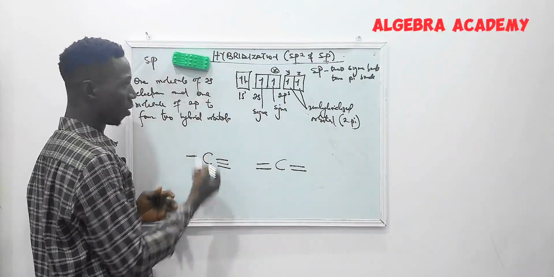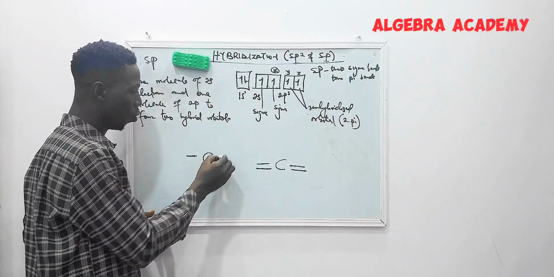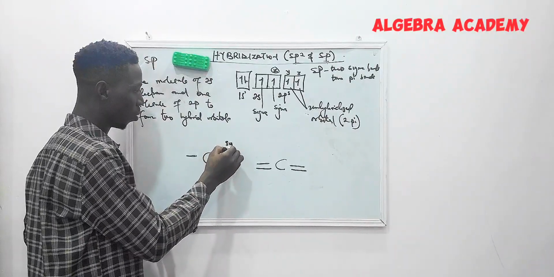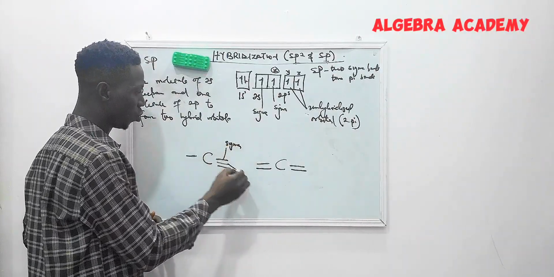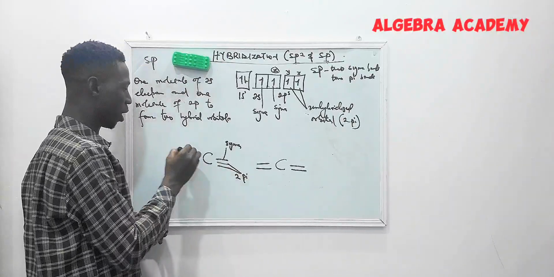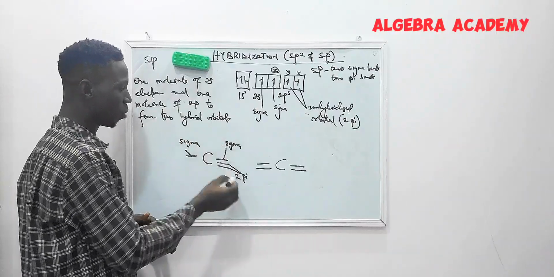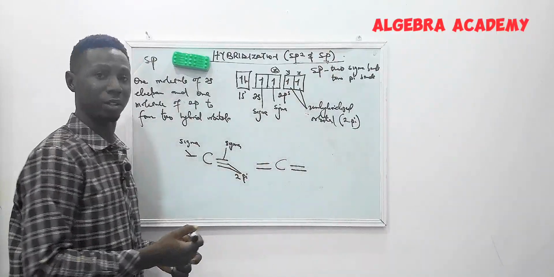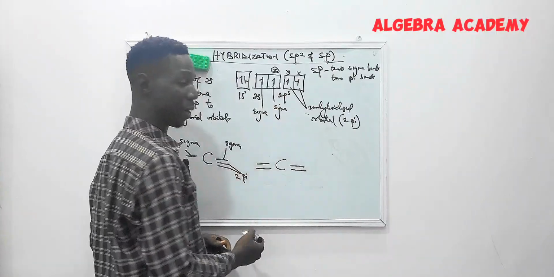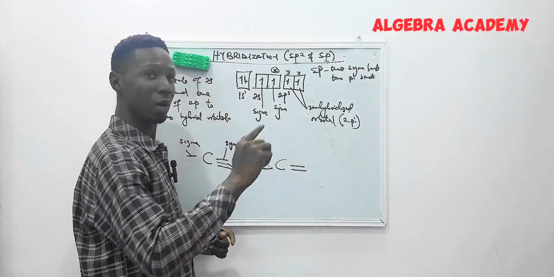So if you count around now, for this triple bond, I said 1 will be sigma, and the 2 other bonds will be what? Pi bonds, 2 pi. Don't forget that this one is also what? Sigma. So in totality now, we have 2 sigma, 2 pi, which is a characteristic of sp. If you come to this particular carbon as well, for every double bond, 1 is sigma, 1 is pi.